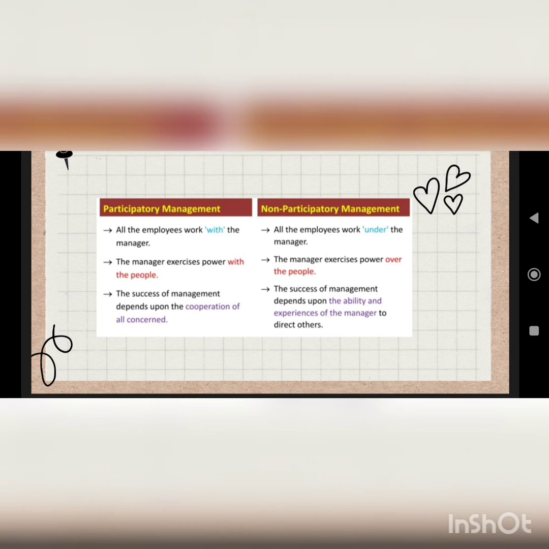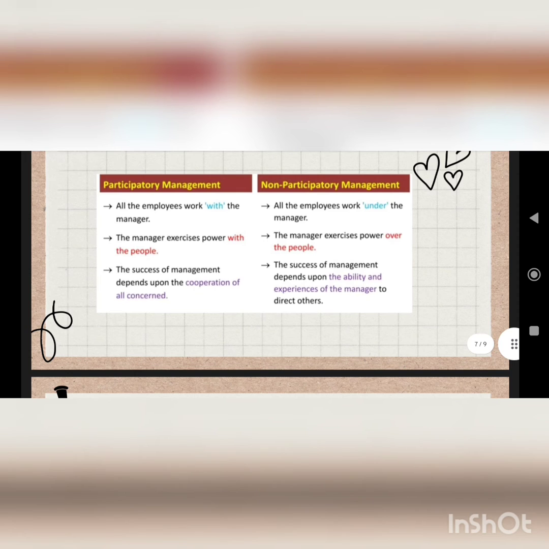So class, which would you choose? Participatory management, a learner-centered approach, or a teacher-centered approach? It's very important to practice a learner-centered approach, because sometimes we as teachers will learn from our students, and our students will learn from us.